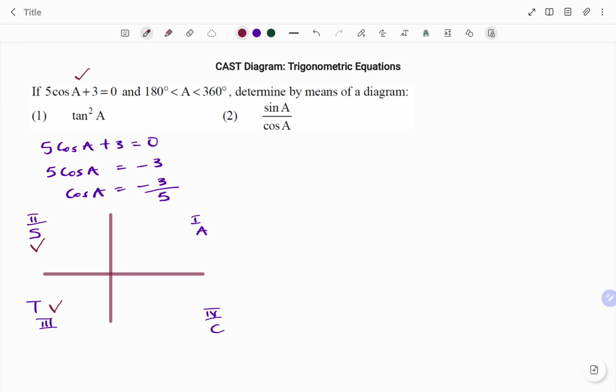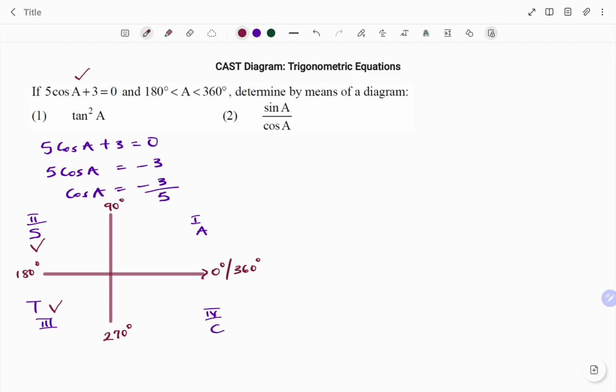The second condition, in order to fulfill that, I'm going to first of all label my Cartesian plane, starting with 0 degrees. Every quadrant is 90 degrees, so I have 0 plus 90, that will be 90, plus another 90, that's 180, plus another 90, 270, and then back to 0 or 360 degrees.